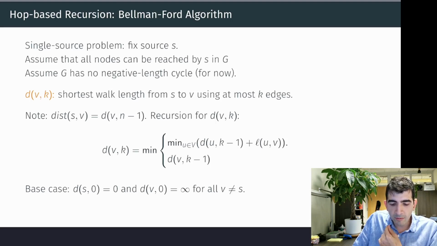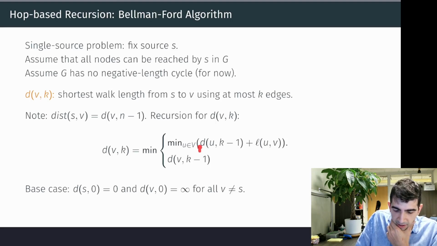Or the other possibility is that we do need a kth edge. So what happens if we need a kth edge? Then we simply calculate the distance using k minus 1 edges to some arbitrary vertex u, and then we add in the weight of the edge from u to v.